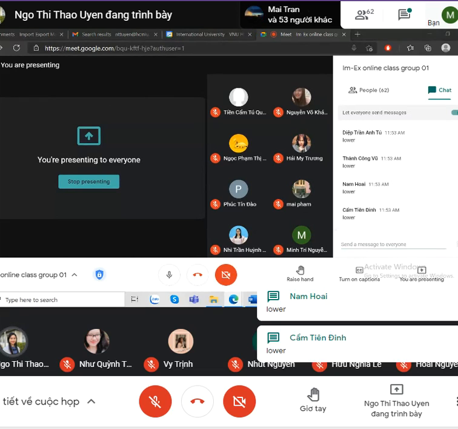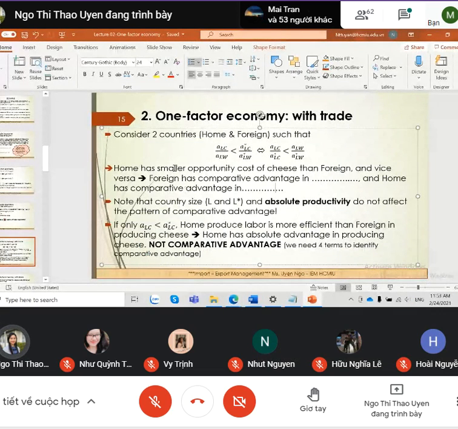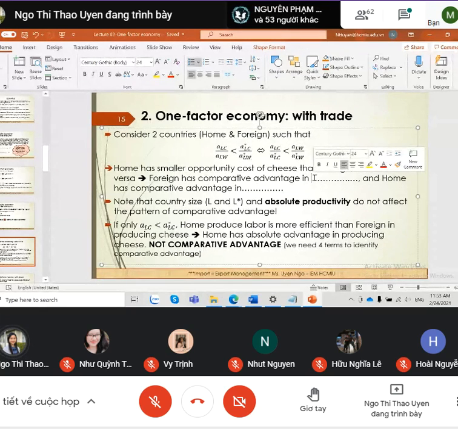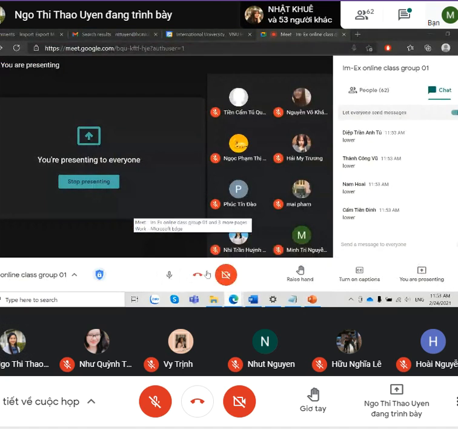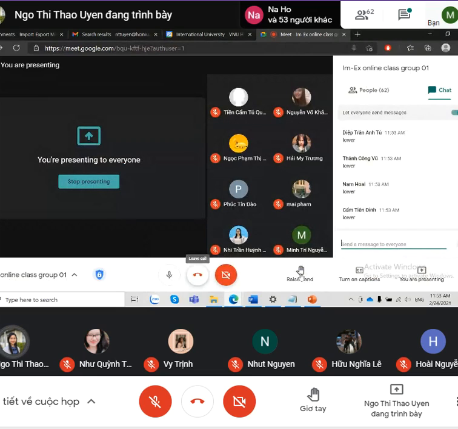So here, home has smaller opportunity cost of cheese in terms of wine than foreign. So foreign has comparative advantage in what product?